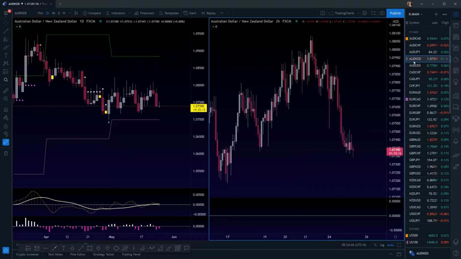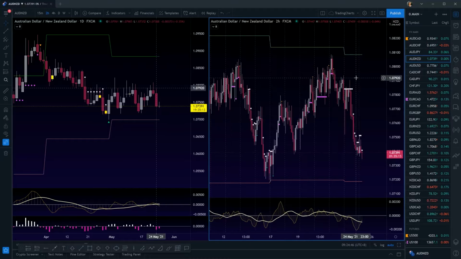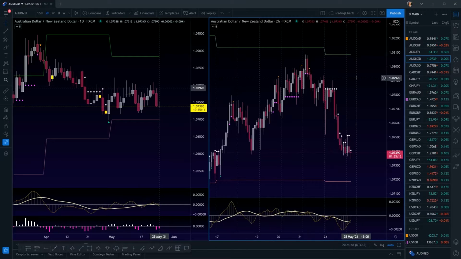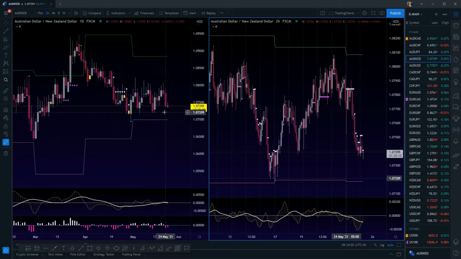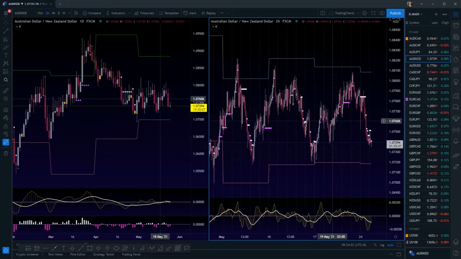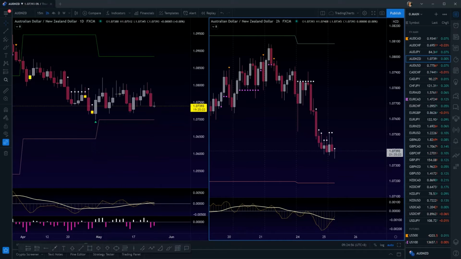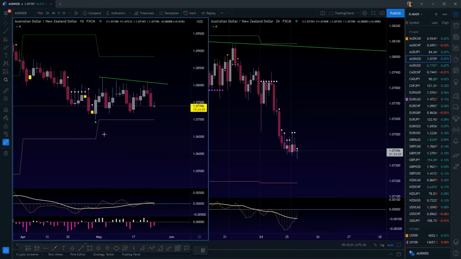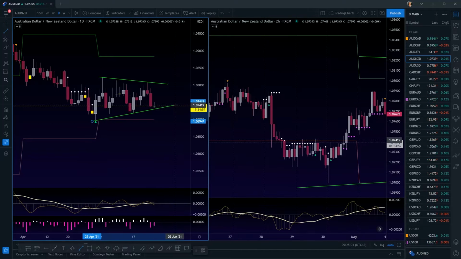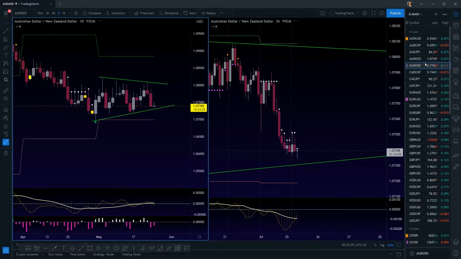Aussie New Zealand dollar. Nope. Nothing I want to trade here right now. It's just still in that area. Let's not do anything.